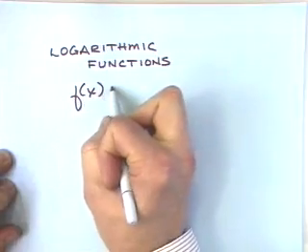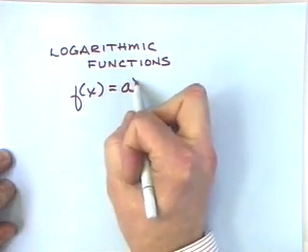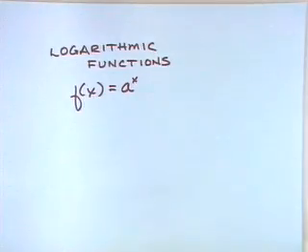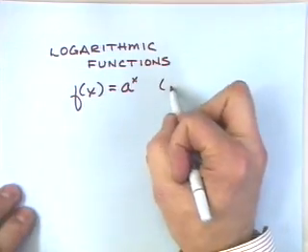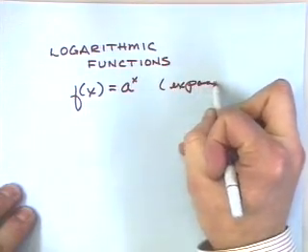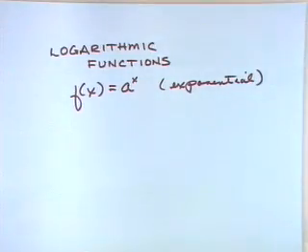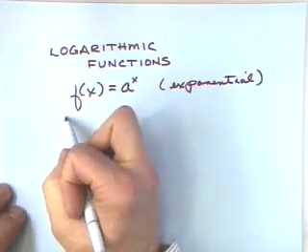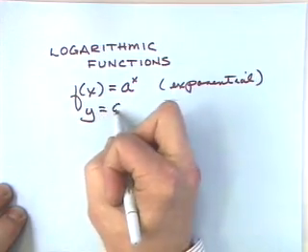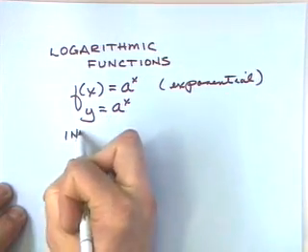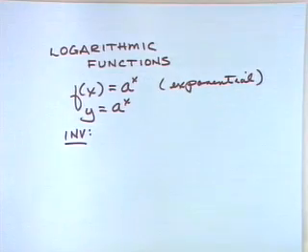Let's say that we have an exponential function, and we want to find the inverse. So we've got y equals a to the x. Now we want to find the inverse. We find the inverse by switching x and y.